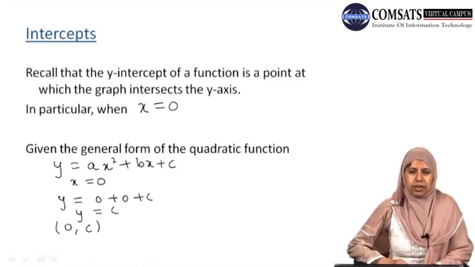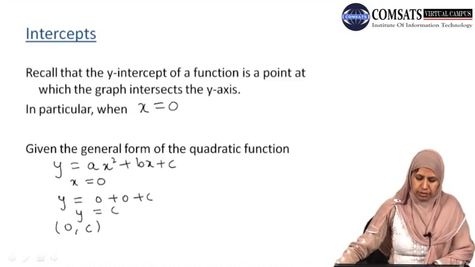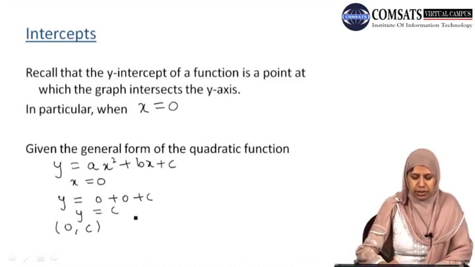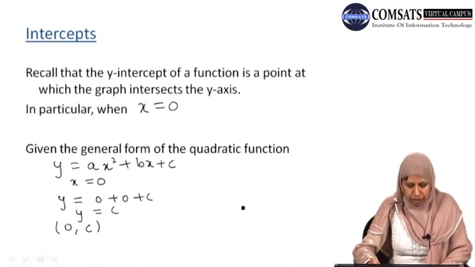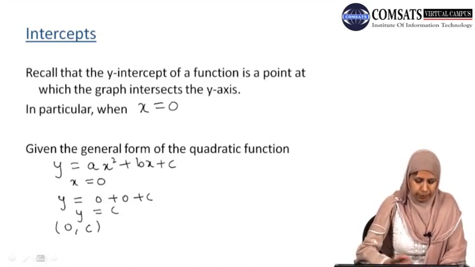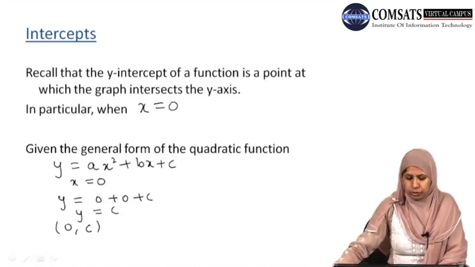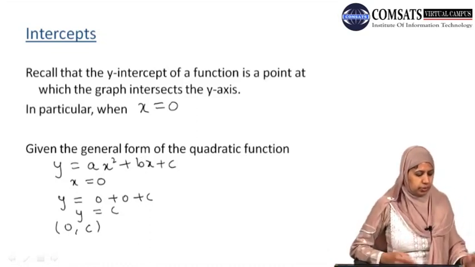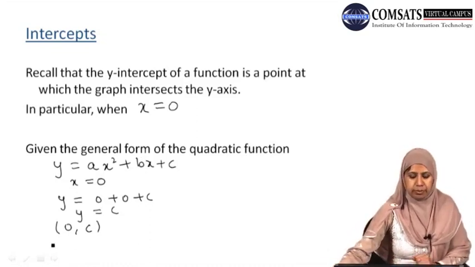And how can we find our y-intercept? Simply by putting the value of x is equals to 0 in the given quadratic function, and we obtain the value of y, a constant, which is equals to c here. So to find the y-intercept is very simple.